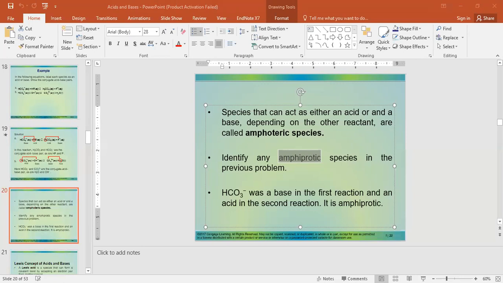And let me give an example. You have something called aluminium oxide. This is an oxide which we know from chemistry can act as a base and as an acid.